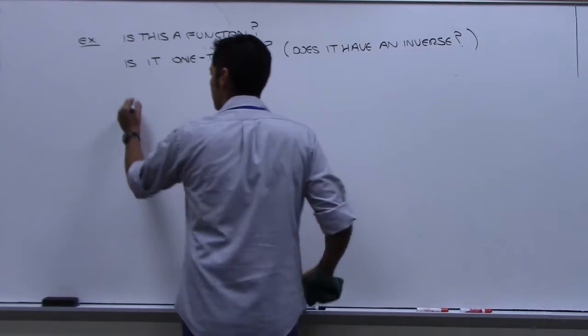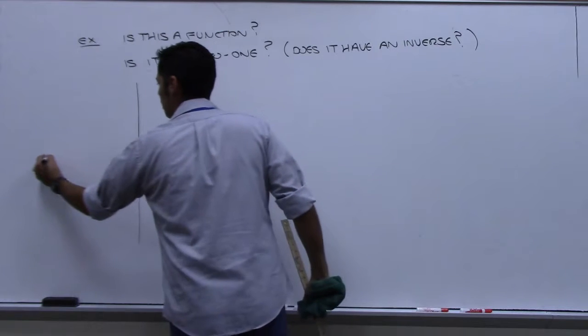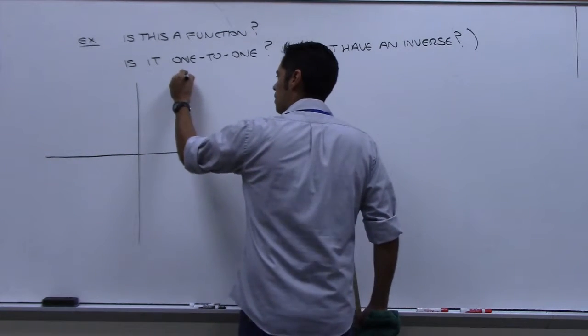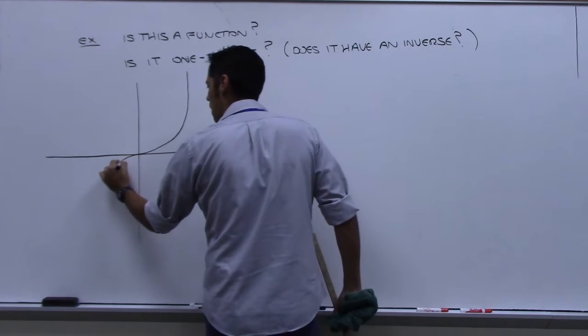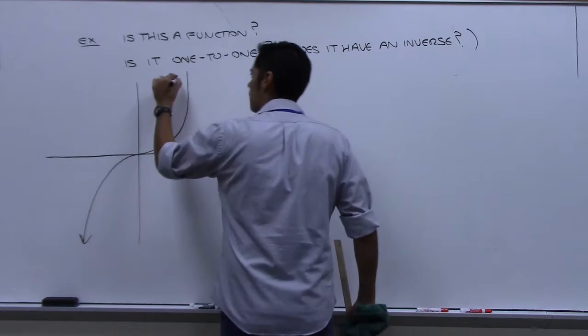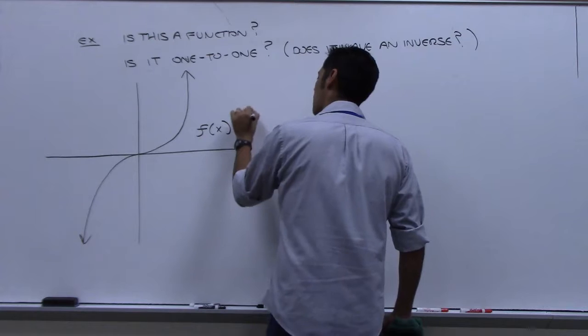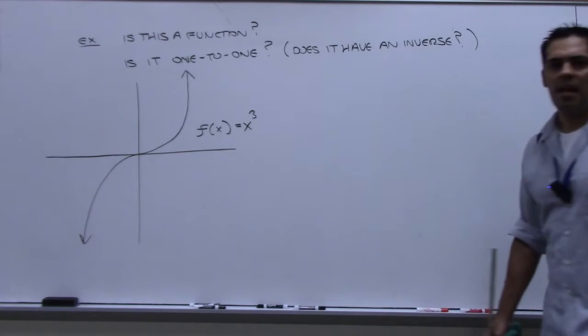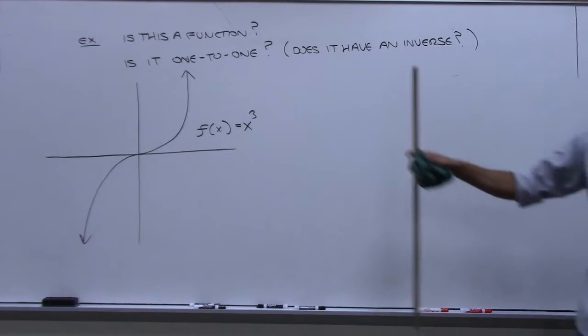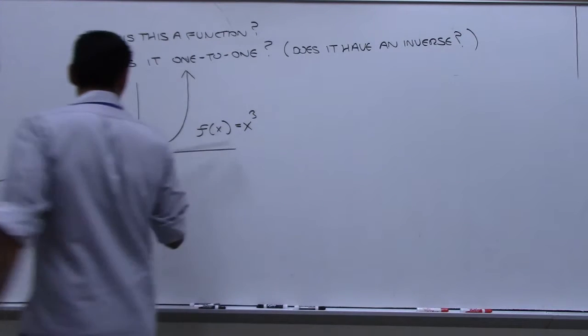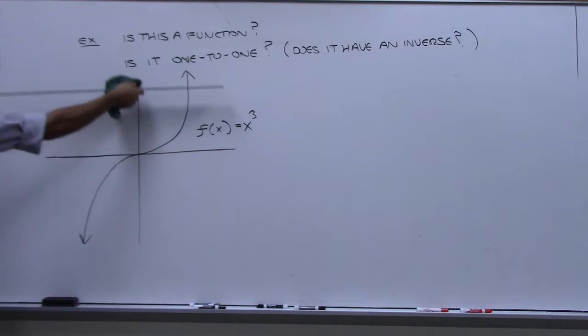I think, Lily, you said cubic, right? X cubed looks like this. That's f of x equals x cubed. Is that a function? Passes the vertical line test. Horizontal line test? Pass.